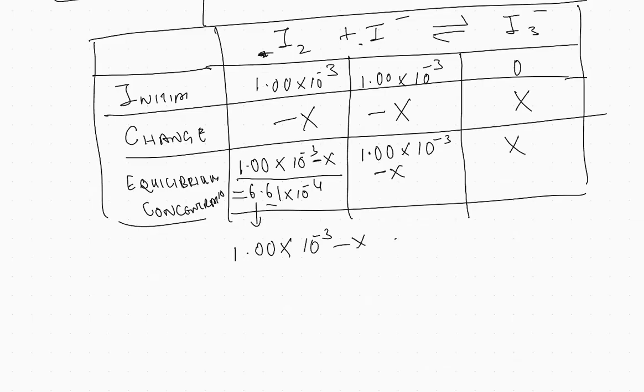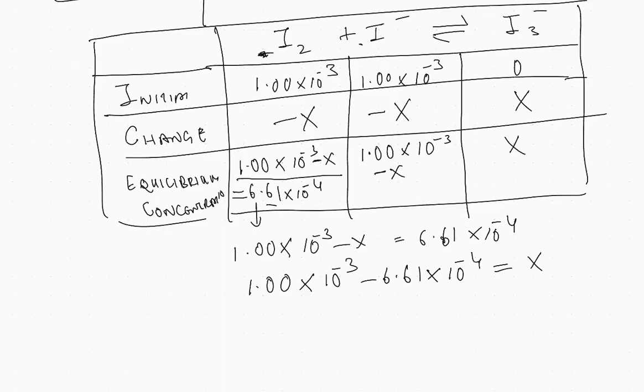I'm not going to go into the detail of solving, but when you solve it, because X is here, you take 6.61 minus X. So 1.0 times 10 to the negative 3 minus 6.61 times 10 to the negative 4 equals X. When you do the calculation on the calculator, I get 3.39 times 10 to the negative 4 as X.